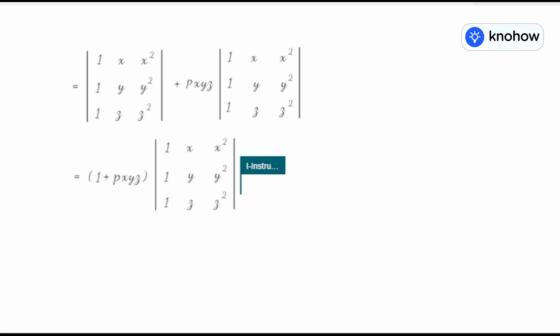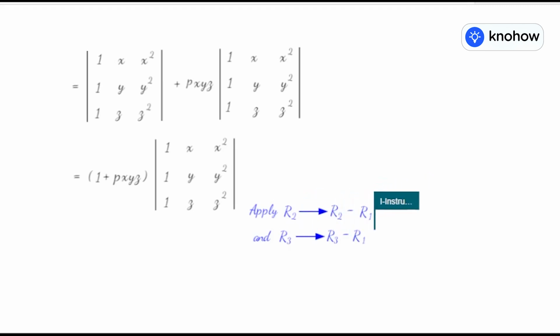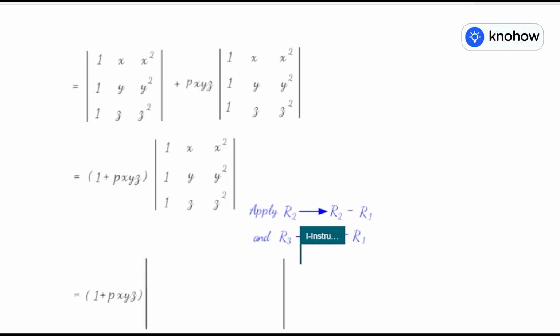This is now a routine kind of determinant question, because in column 1 you have 1, 1, 1, so you have the set procedure: replace R2 by R2 minus R1 and R3 by R3 minus R1 to get 2 zeros in column 1. So you get, of course, 1 plus pxyz common, keeping row 1 as such, that is 1, x, x square, and now R2 minus R1 will give 0, y minus x, y square minus x square, and R3 minus R1 will give 0, z minus x, z square minus x square.